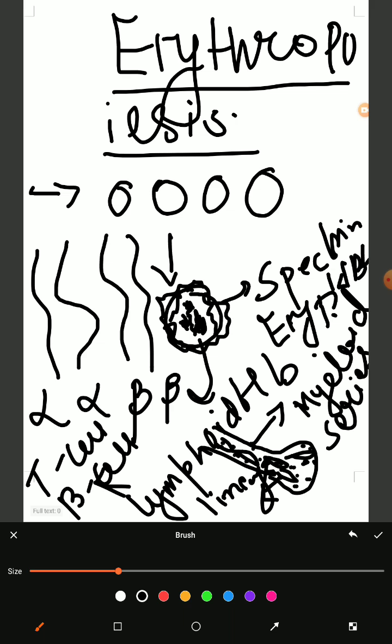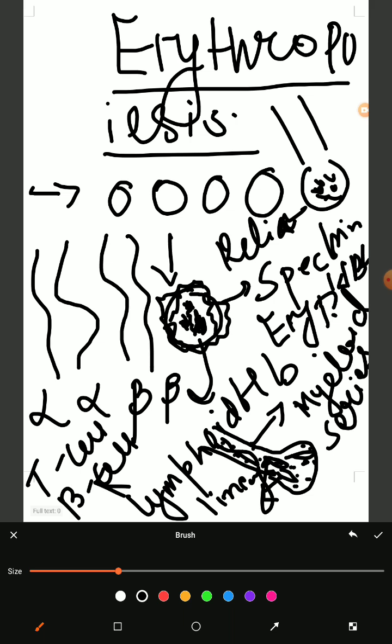So this network of cells present within the bone marrow can have some rate of formation. Rate is the determinant of speed. So how fast the RBC is going to form is determined by the presence of reticulocyte cells in the peripheral blood.